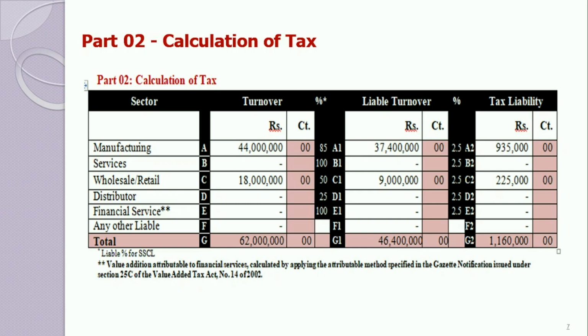Then you are required to calculate the Social Security Levy liability at the rate of 2.5% from the liable turnover declared in Part 2. Then take the total amounts at the last row of Part 2.